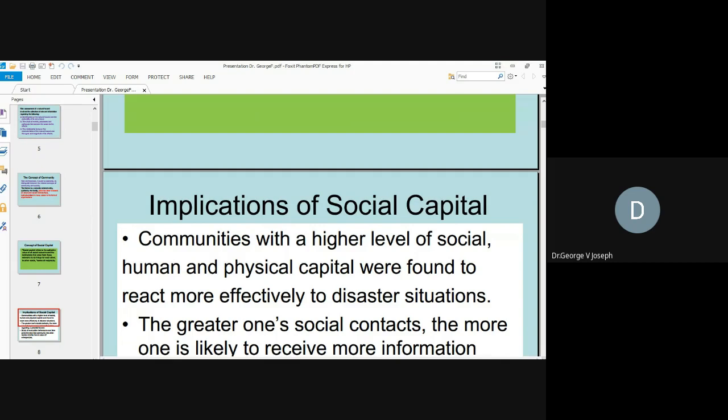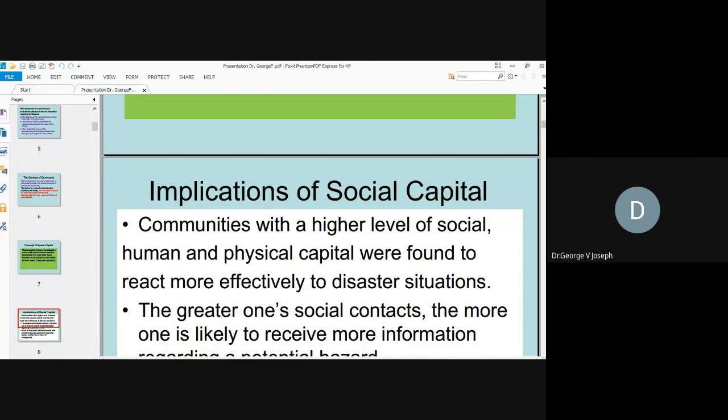So those were not a very conducive environment for managing. Normally, whenever the community has leadership, cohesion, and network, and they live in peace and harmony, they are able to manage the disasters in a very united manner.